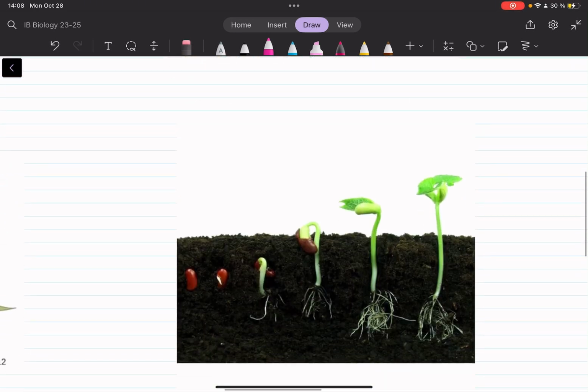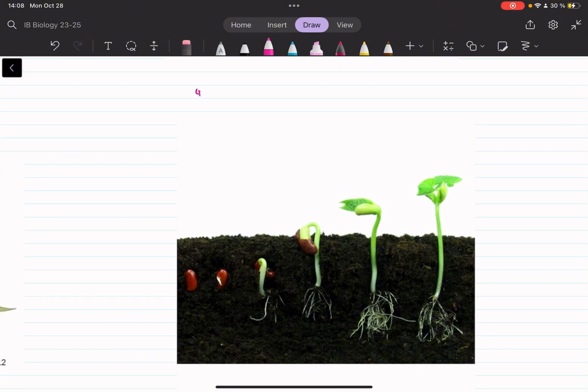And then you've got the final stage, which is germination. Now, sorry for the bad handwriting. Germination is essentially the growth of a plant from the seed, and there's a few different parts that you need to know. First is what is in the seed, and the seed is made up of two different parts, and that's the endosperm.